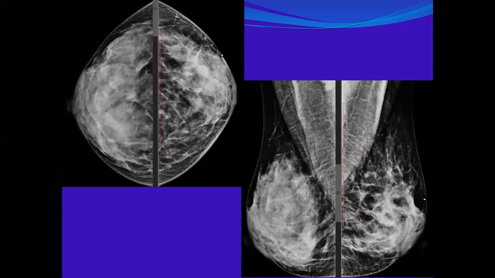What are the differential diagnoses of global asymmetry? Other differentials include renal failure, heart failure or liver failure. Okay, but why is it unilateral? It could be unilateral or bilateral.